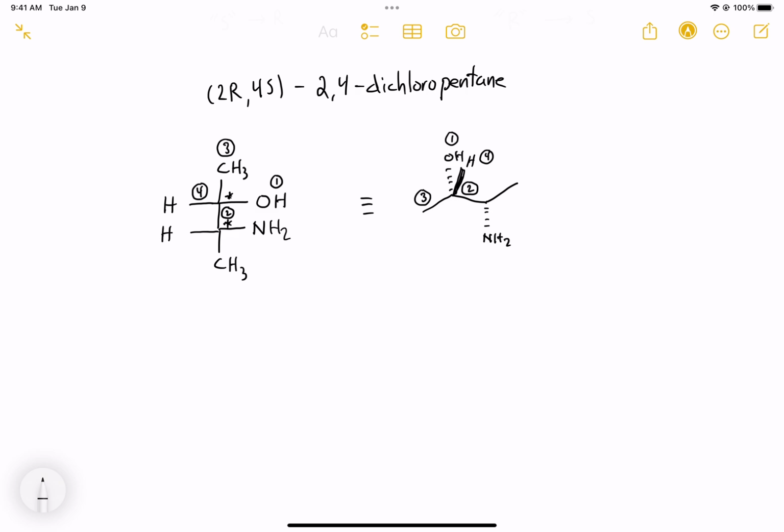And if we use the right-hand rule, it doesn't work with the R case. Well, actually, it should be R, I think. Let me see. Yeah, as drawn, it looks like it's S. But why would it be S? Let's see here. Yeah, these are really hard to picture.